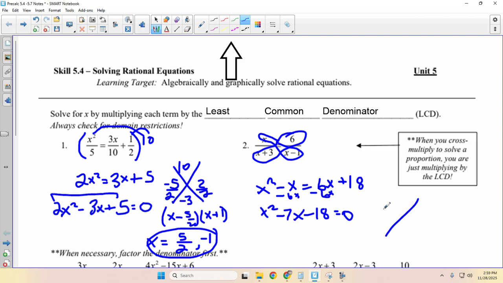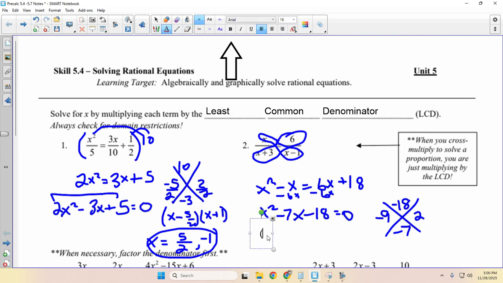Let's go ahead and big X and factor this. Two numbers that multiply to give us negative 18 and add to give us negative 7. I feel like 9 and 2 are good candidates, so we have negative 9 and positive 2. Then this becomes x minus 9 and x plus 2.